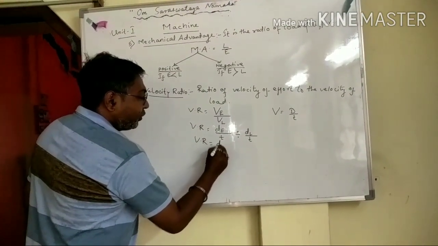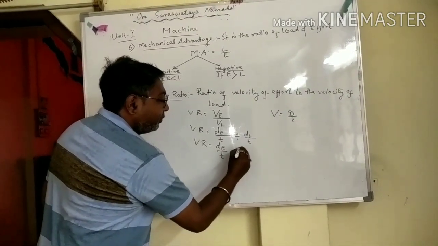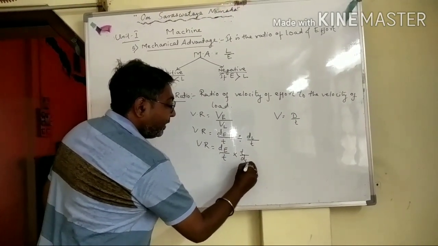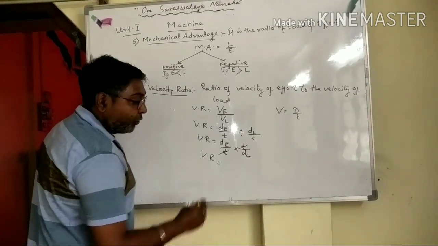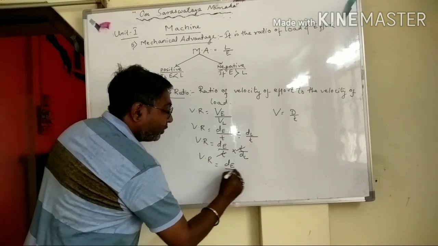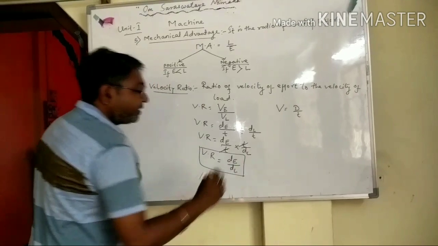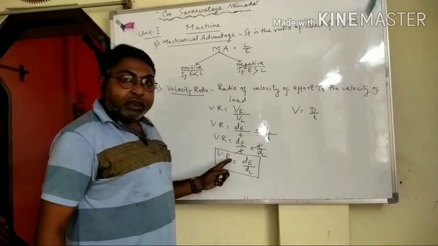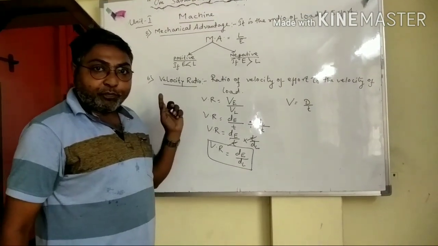Cross multiplying, ultimately I get another definition of velocity ratio, which is the ratio of displacement of effort to the displacement of load.